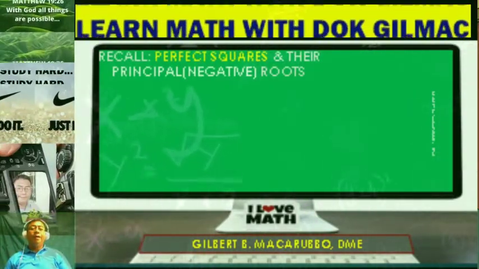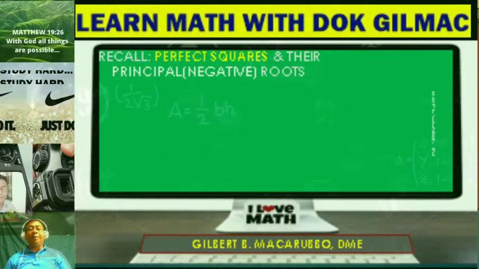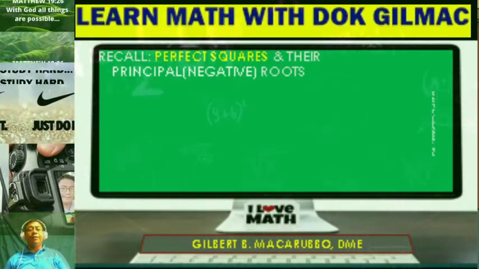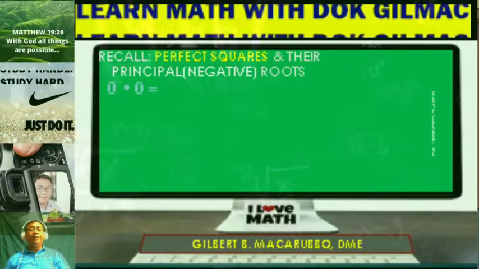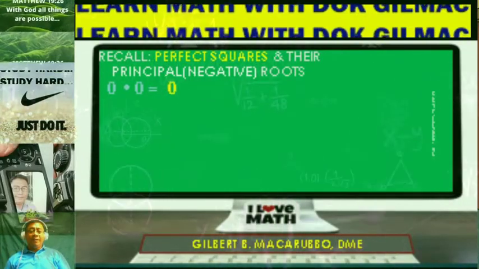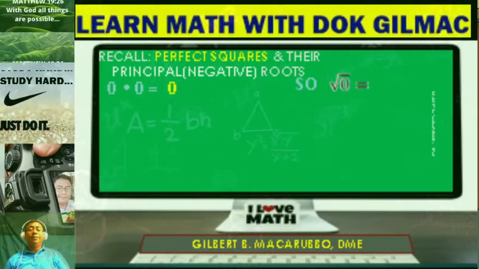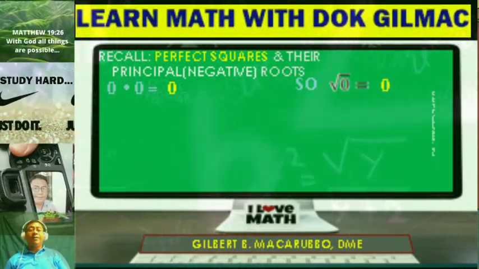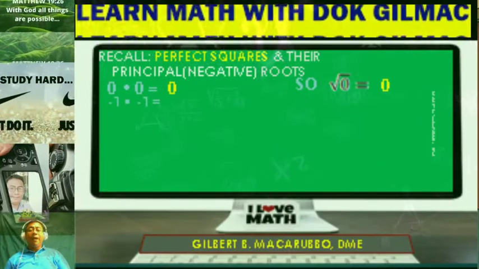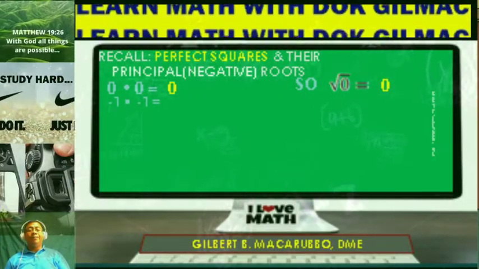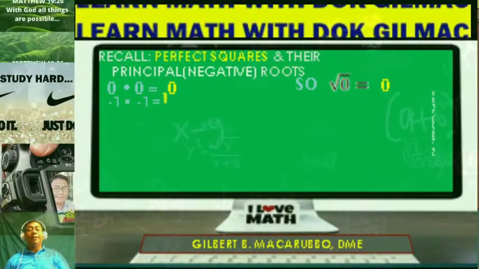Let's recall perfect squares and their principal negative roots. 0 times 0 is 0. So square root of 0 is 0. Negative 1 times negative 1 is equal to 1.